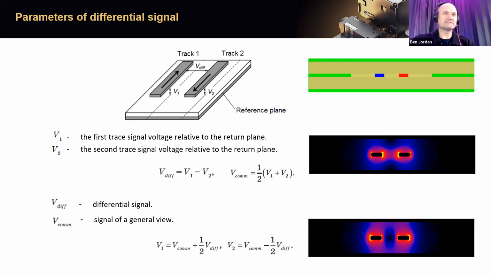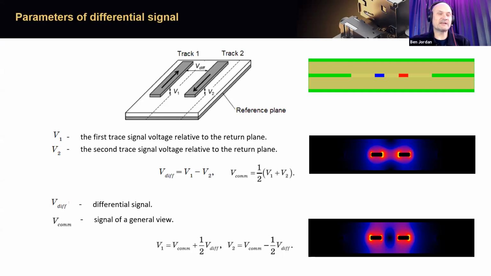So you can see there's more coupling edge to edge, but if we drive each of those lines with a common mode signal, that is, we drive them with the same voltage, it couples more above and beneath to the planes, and edge to edge there's zero coupling because they're both at the same voltage potential.